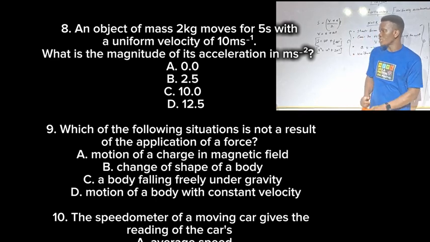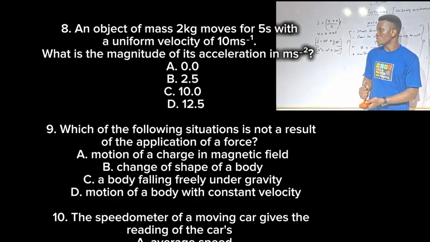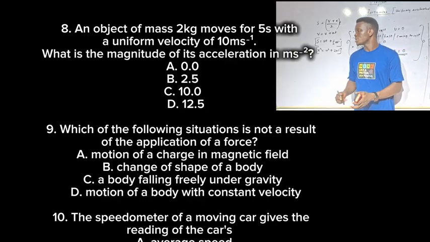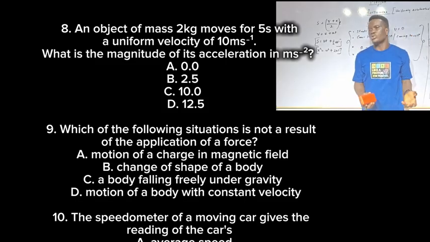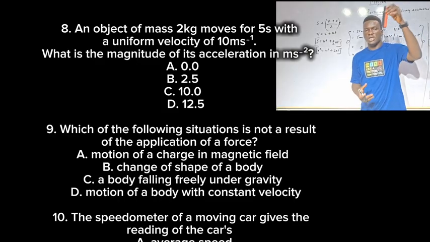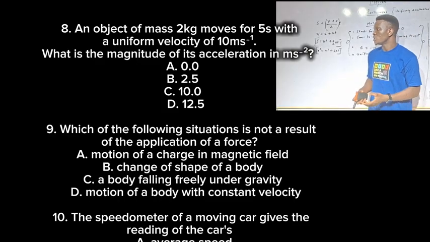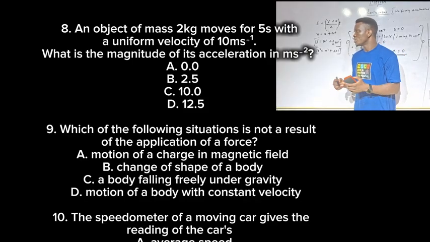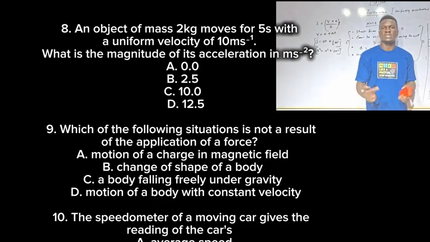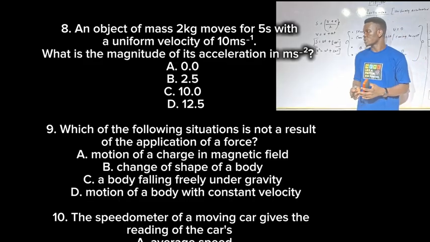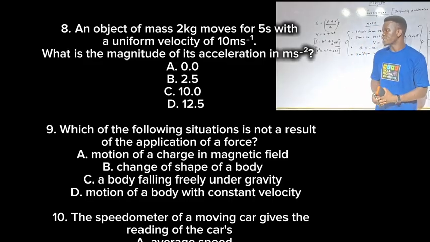You have to keep beating the body and there will be a change in its shape. C, a body falling freely under gravity is also under the influence of a force, which we call gravitational force. Then D, motion of a body with constant velocity. If the body is moving with constant velocity, the acceleration will be 0. In that case, there is no force applied. So the answer is D.